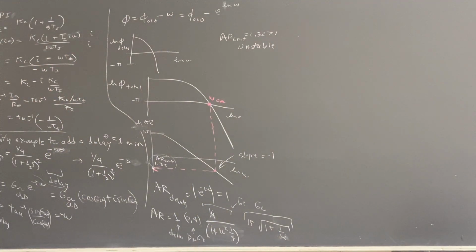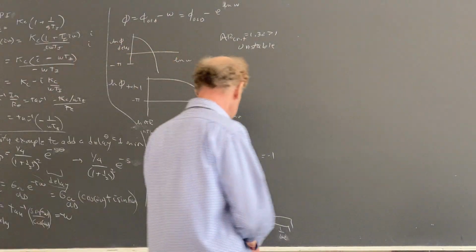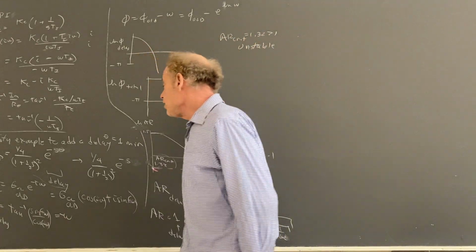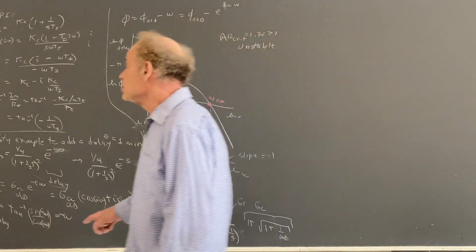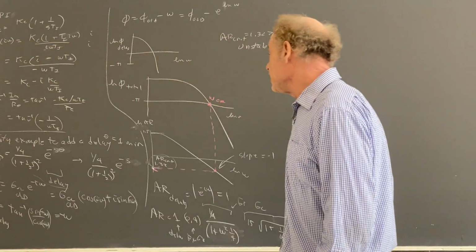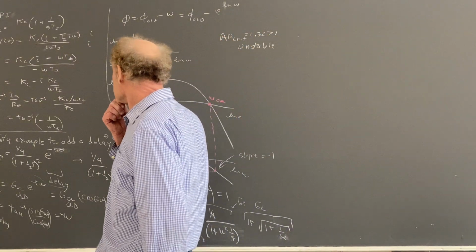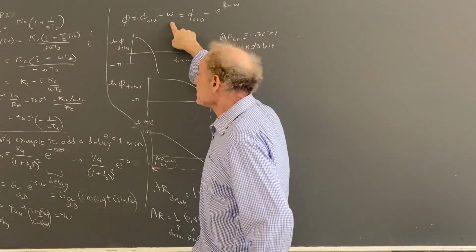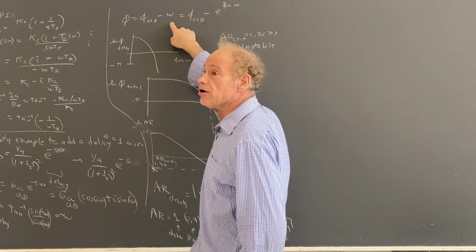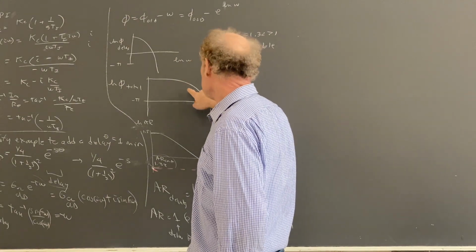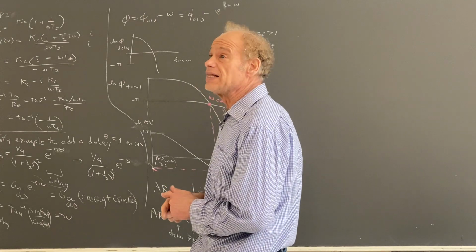Now I want you to notice that if my delay were different, if my delay were less, well, first, if I had no delay, the system was stable. Let's look at phi. If my delay were smaller, instead of this being omega, it could have been omega over 2. Then I would have subtracted less.